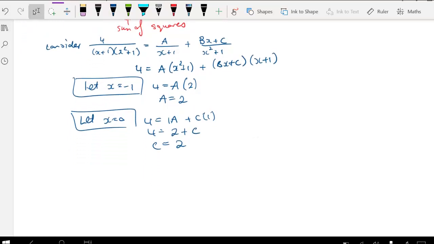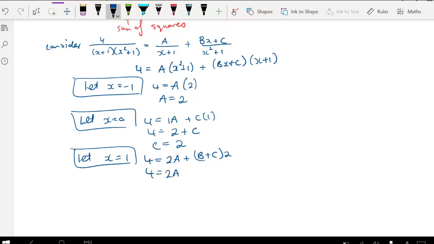Now in order to find the value of b, we have to choose another value. So let's say let x equal 1. So now we've got 4 is equal to 1 squared plus 1, which is 2a. We've got one lot of b plus c, so b plus c, and we're multiplied by 1 plus 1, which is 2. So we've got 4 is equal to 2a plus 2b plus 2c.